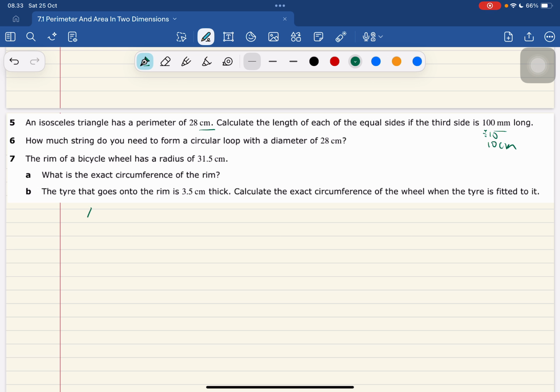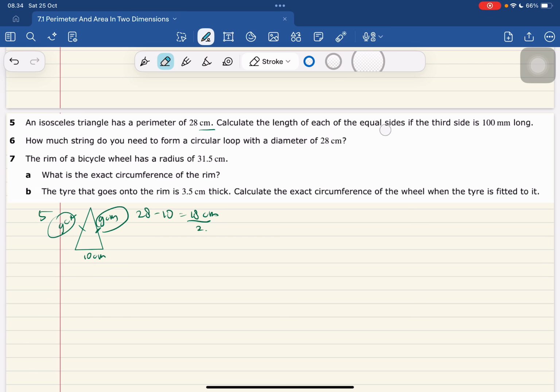Remember, isosceles, these two sides are equal. So if this is 10 centimeters, we can make it 28 minus 10, it's going to be 18 centimeters for two of them. So we just need to divide by 2, so each will be 9 centimeters.